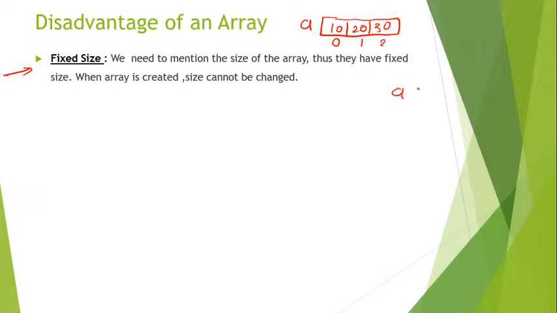In future, if I try to add 40 at a[3], it will throw an ArrayIndexOutOfBoundsException. Why? Because we don't have the memory, we don't have the index 3, and still you are trying to add it. It will not create this memory. It is not dynamic, it is static. It has a fixed size, so it will not increase. So this is the drawback.